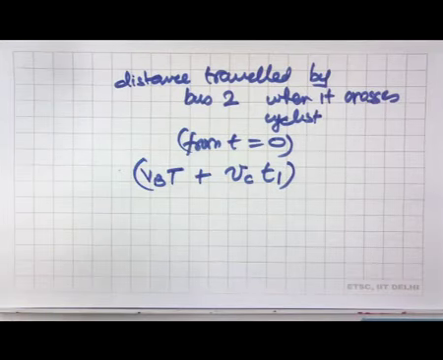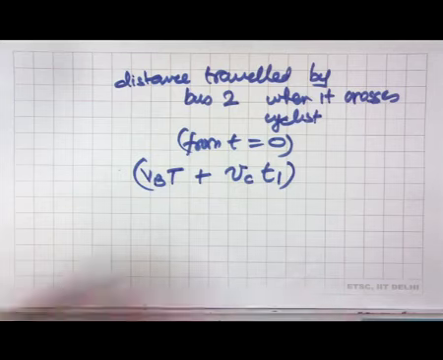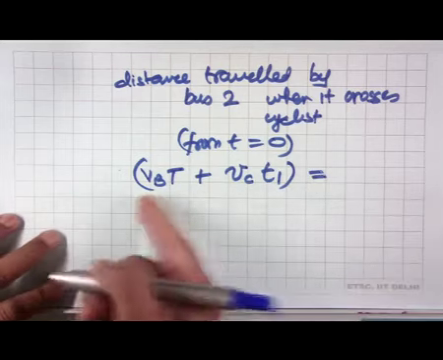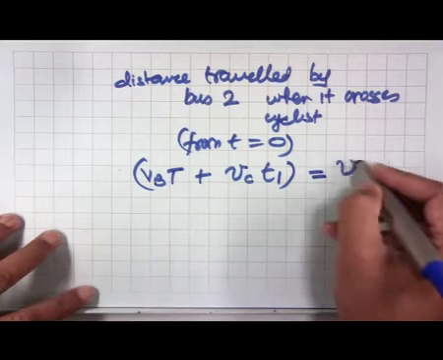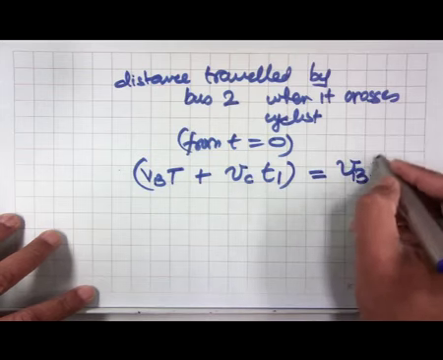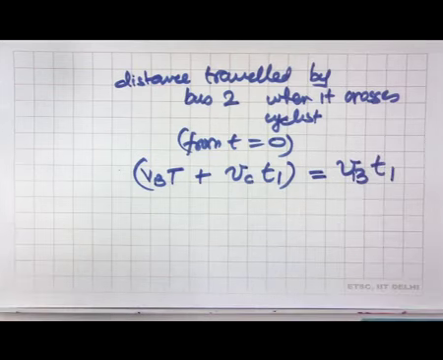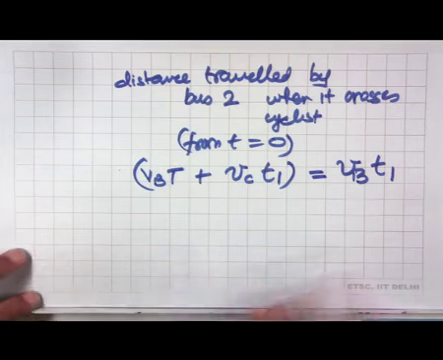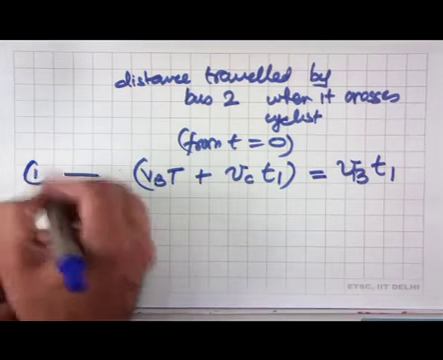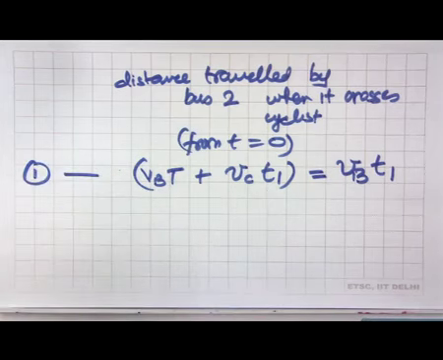And this bus has travelled for time t1, so this is equal to Vb times t1. So, we get one relation from here. This is relation 1, and we now analyze the other side.